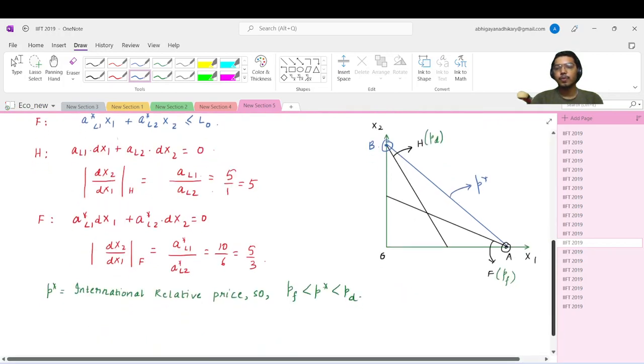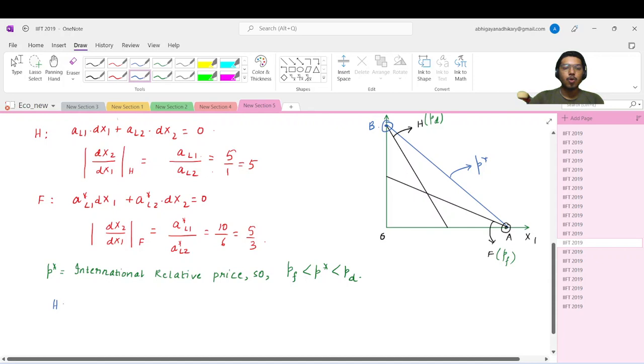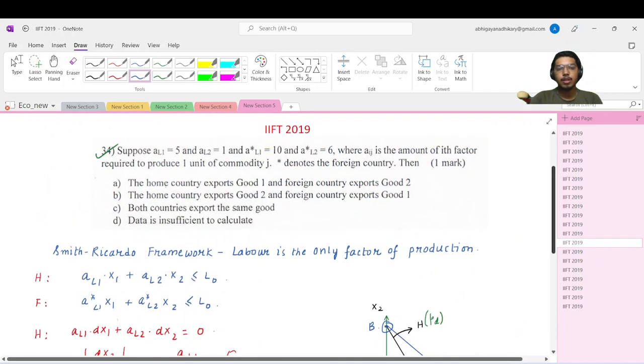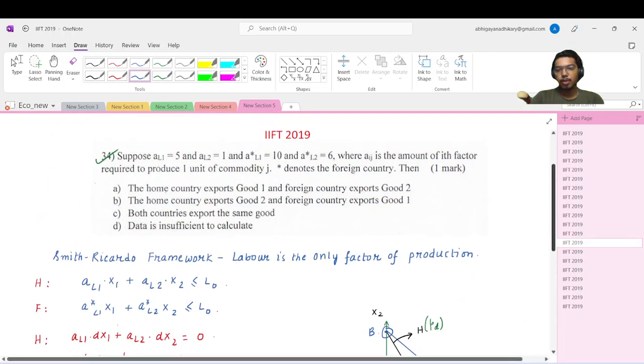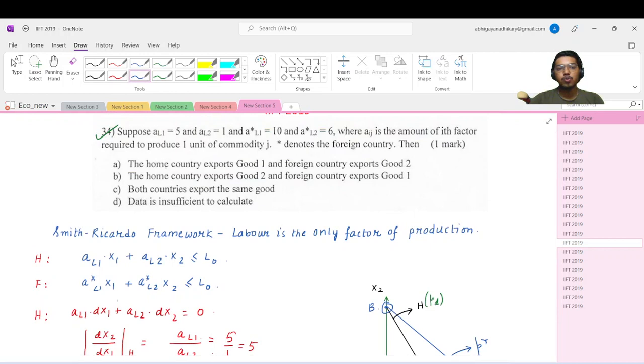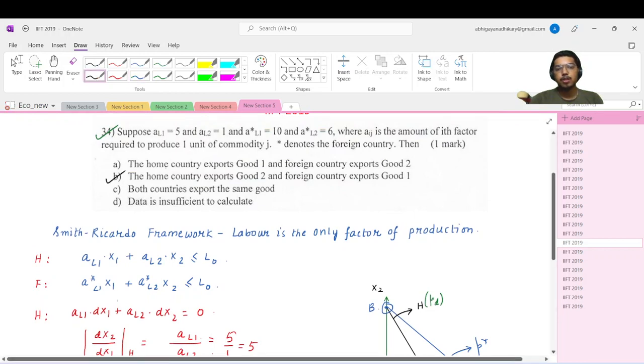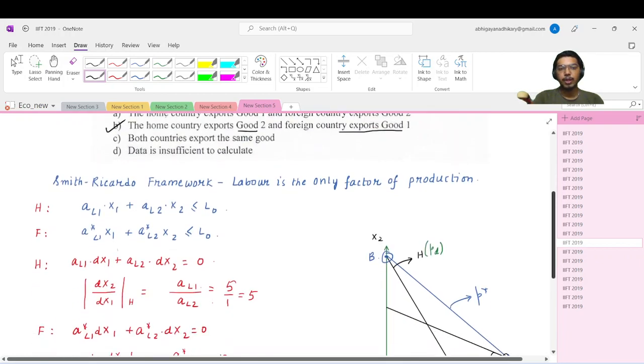So our conclusion is home produces and exports only X2, and foreign produces and exports only X1. If you look at the options given, the home country will export good 2, and the foreign country will export good 1. So that is option B. Okay, thank you.